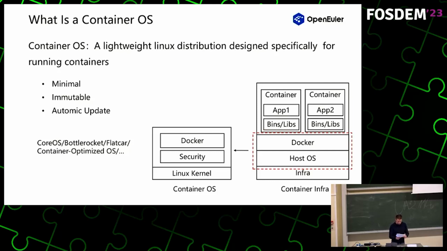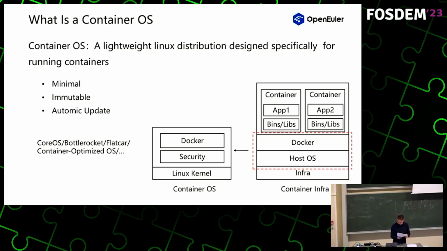Other applications are run in containers because you don't need them in the host. This also reduces the attack surface because you have less in the host OS. Immutability is that you use a read-only file system that can be configured at the start of the deployment, and that also reduces the risk. And atomic update means you upgrade the entire OS and not packages individually.